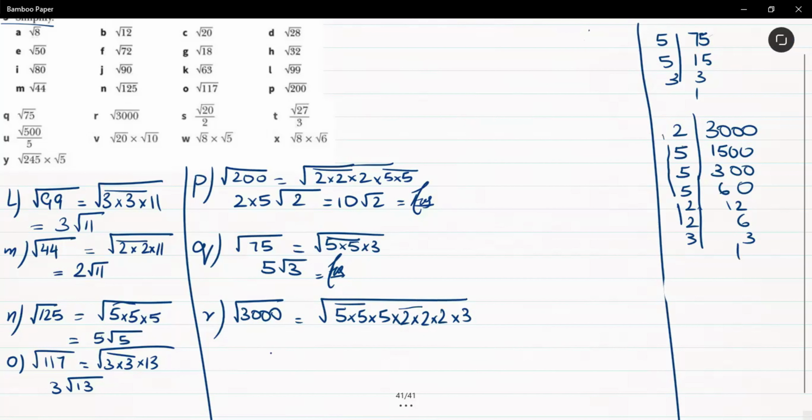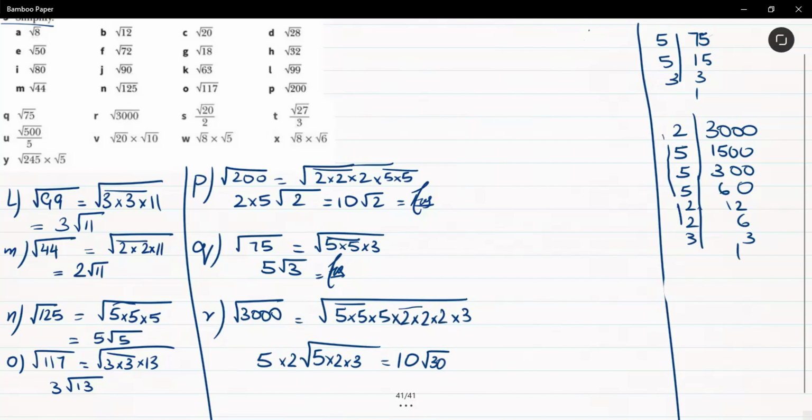So we have got 5 multiplied by 2 outside, and under root 5 multiplied by 2 multiplied by 3, the remaining values. So we have got 10 under root 30, since 5 2s are 10 and 10 3s are 30. So 10 under root 30 would be our answer for part R.